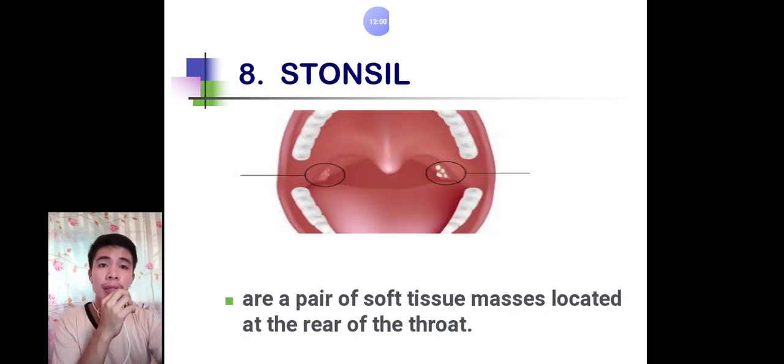So number 8: they are a pair of soft tissue masses located at the rear of the throat.